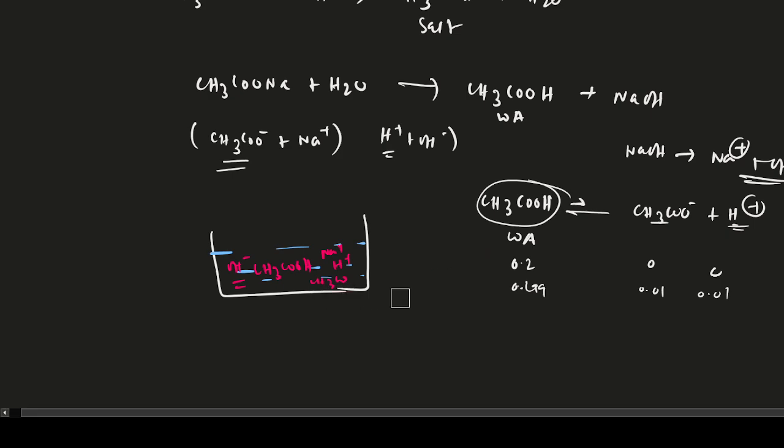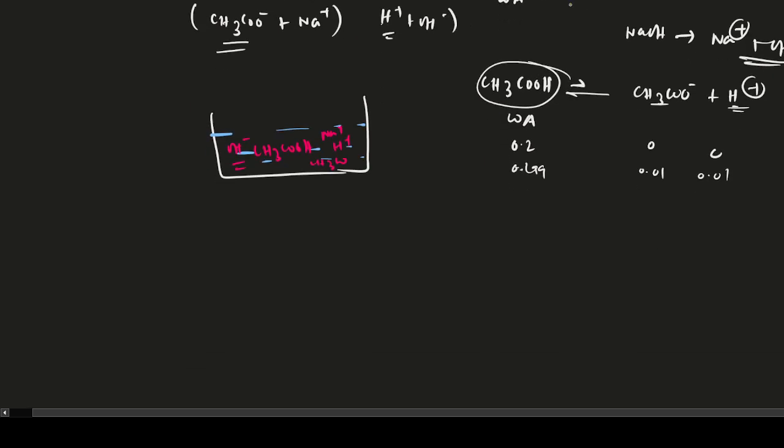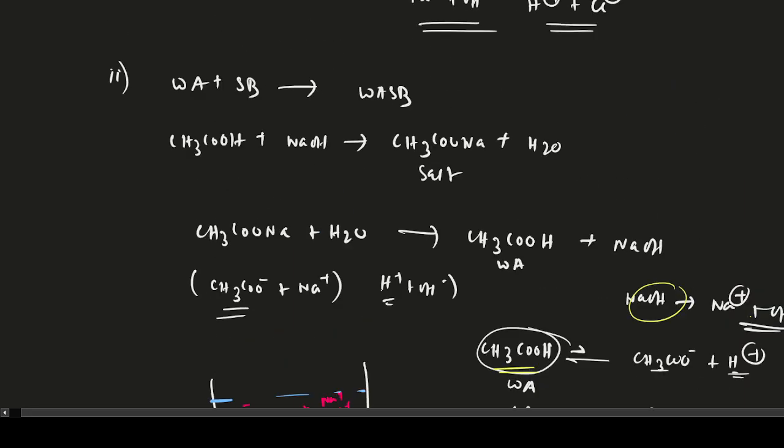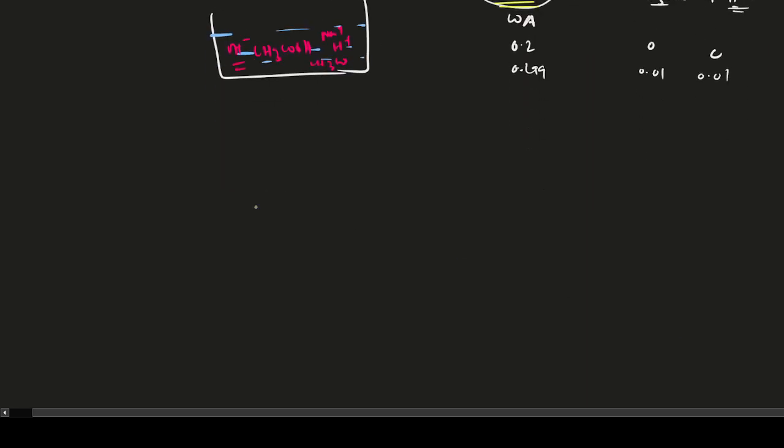So in solution we get these components, and NaOH is not present because it again dissociates. So in salt hydrolysis, the weak components of that salt will react with water. And what is the salt? CH3COONa. This is the salt.